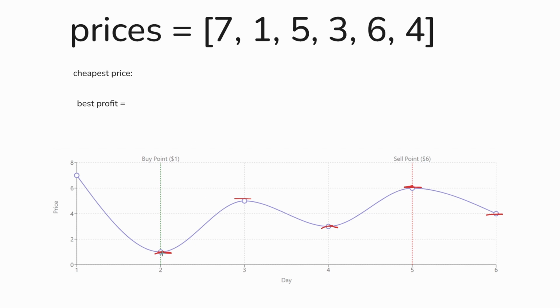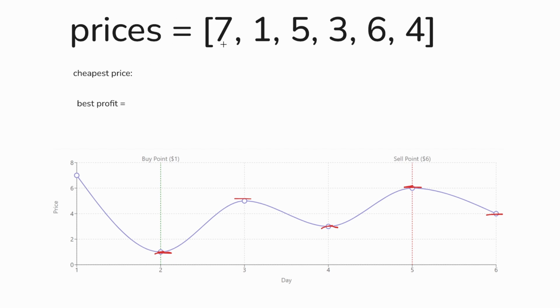As we've seen in our example, the cheapest possible price we can buy at was the $1 mark, and then we went through all the subsequent values in the prices array to see the maximum amount of profit we can get. Even if we can get a good profit, we need to find the maximum profit, the maximum amount of money that we can get off a sell. So we found that to be day 5.